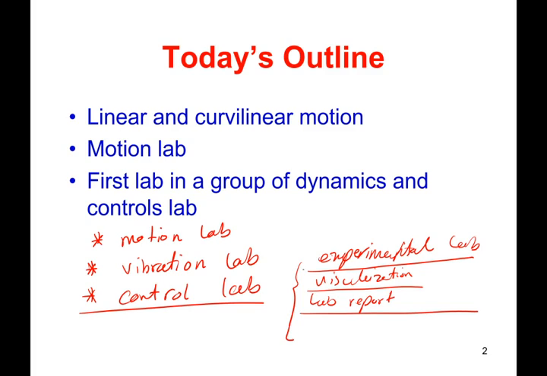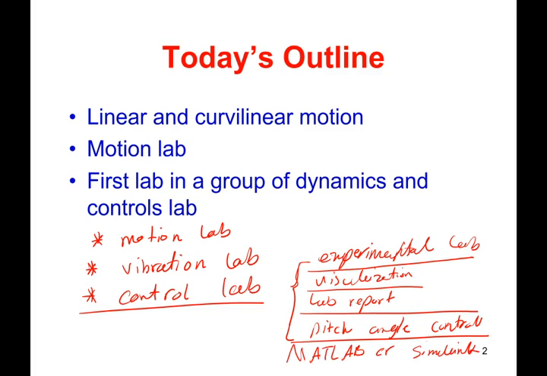And then the next lab that we have in mind for you guys is pitch angle control. And this is going to be a numerical lab. You have to use MATLAB or Simulink to do this.